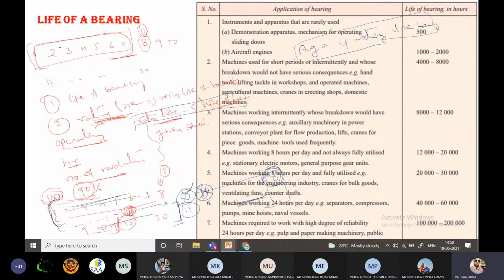Listen carefully. A single bearing is there, a single roller or ball bearing. For a single roller or ball bearing, fatigue is going to be achieved on that particular day. So whatever the days worked before that will give the life of the bearing.